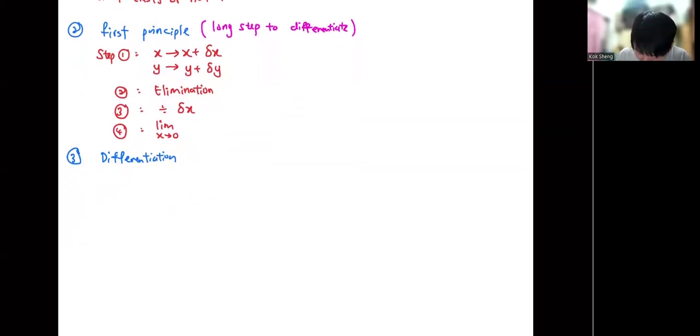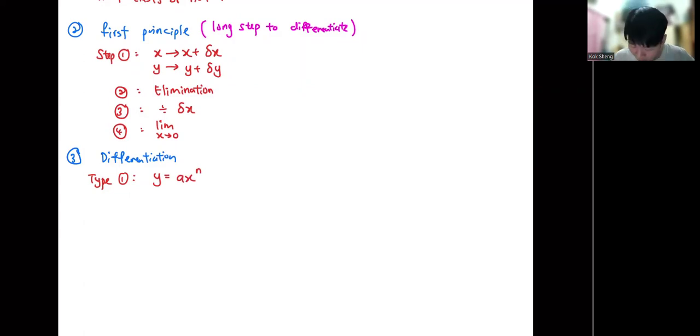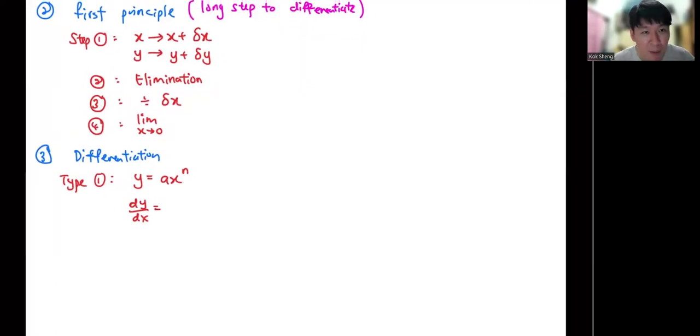Okay, so the first one, type 1 here, which is this formula, dy over dx. I think you remember the formula, right? Should be remembered.